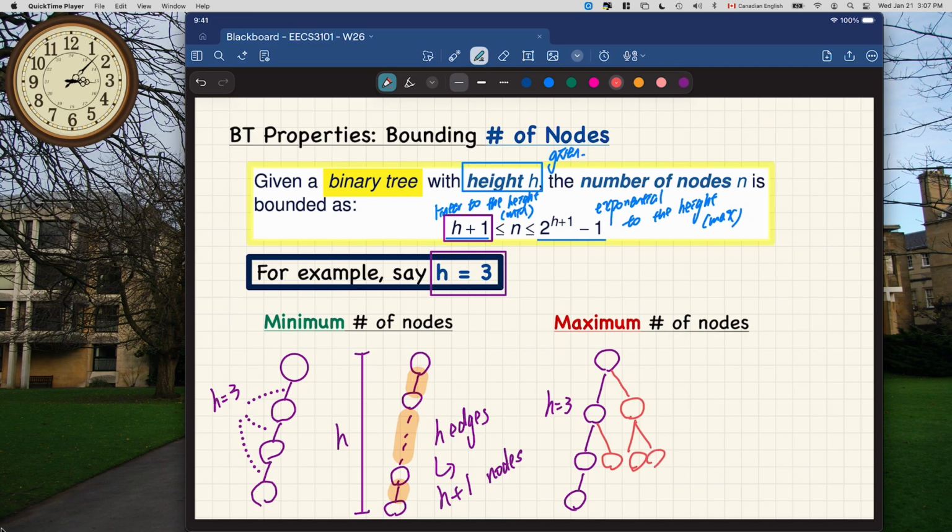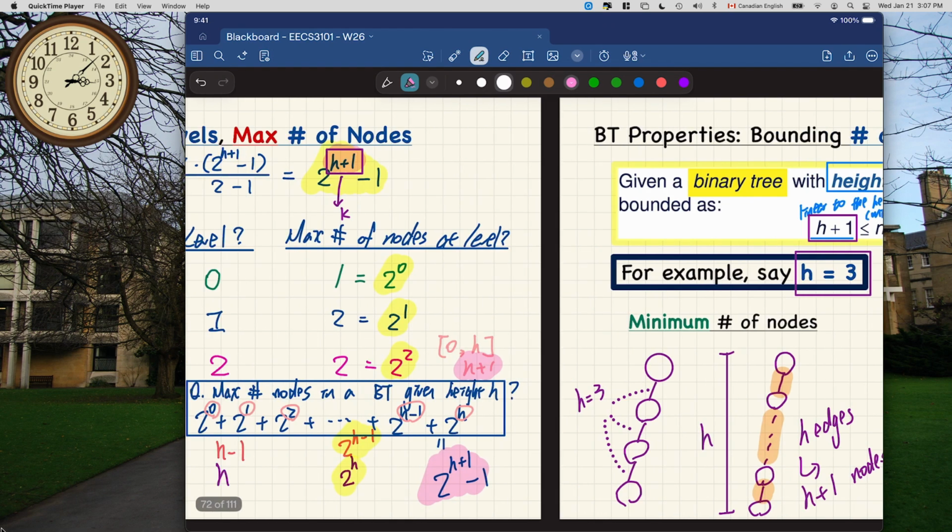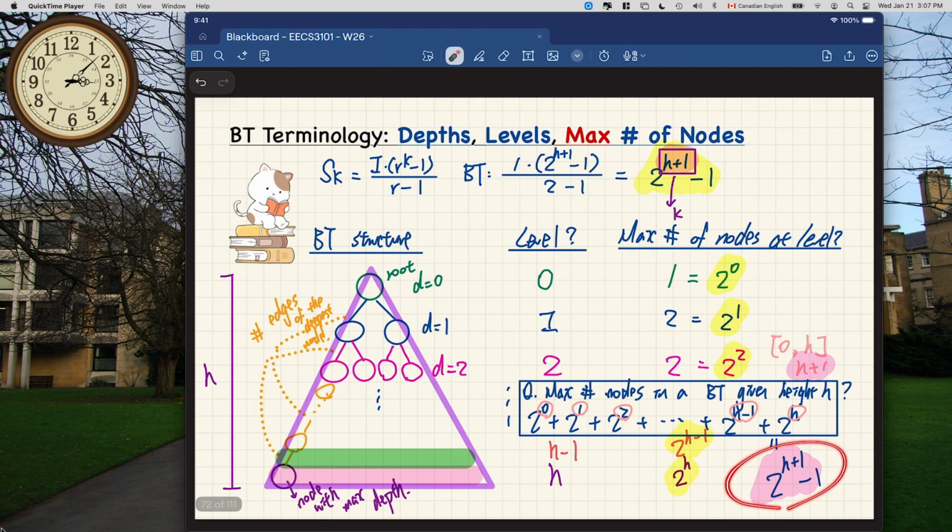In that way, I'm just going to get over here and then over here. If you do that, this 2 to the h minus 1 should look familiar to you. That's exactly the formula we did right here.